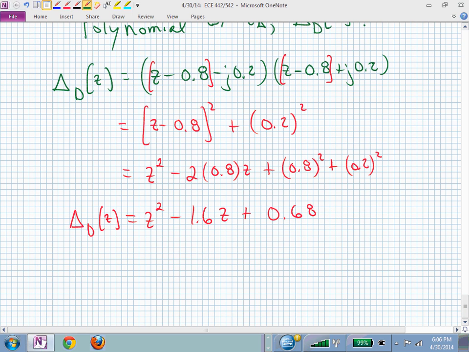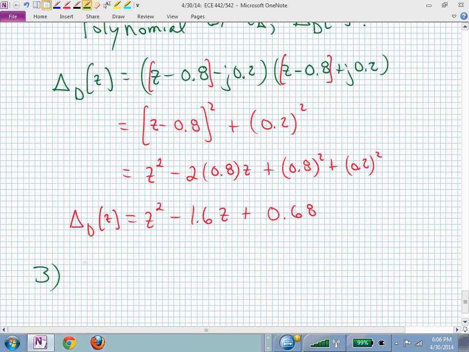The third step is to equate the two polynomials. We had our delta sub k polynomial and we have our delta sub d. We need to make sure that those are equal by the choice of our unknown k's.